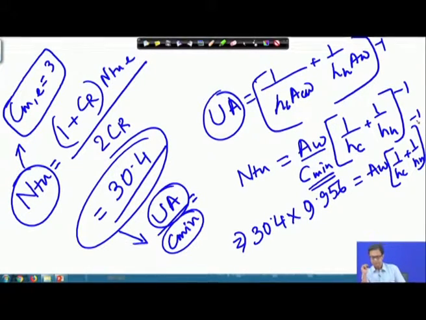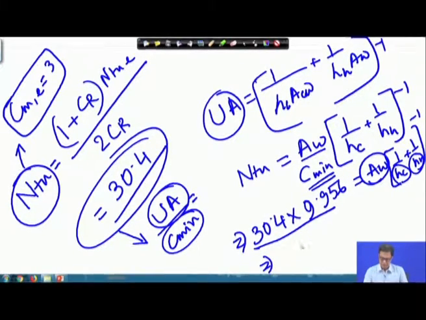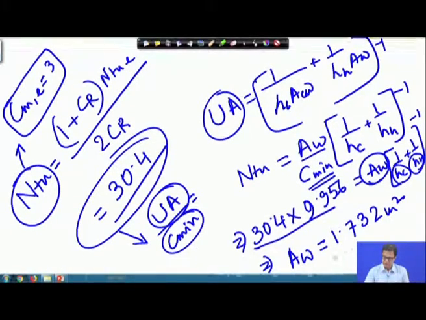So, that is equal to AW into 1 by HC plus 1 by HH whole to the power minus 1. Here, already we have talked about this HH and HC. So, we can find out the AW, and from there we would be able to calculate AW to be 1.732 meter square.